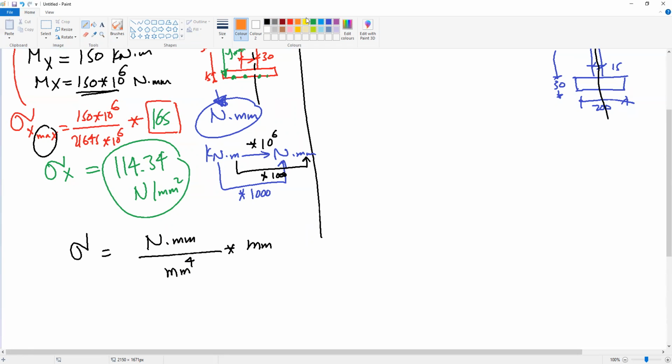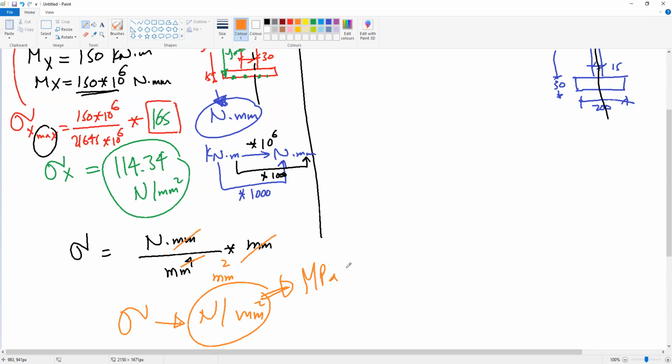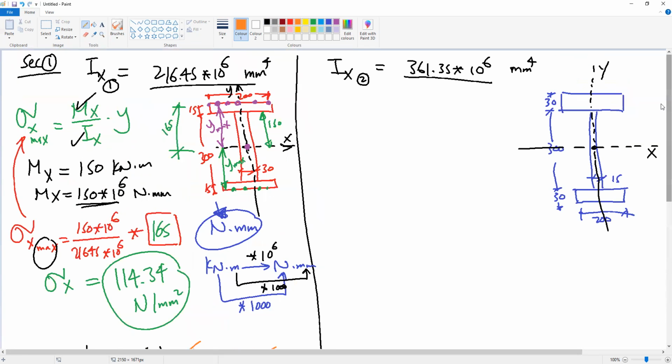So millimeter and millimeter go with the power 4 and make it millimeter to the power 2. So the unit of stresses is Newton per millimeter squared, which is equivalent to megapascal. So megapascal, MPa, is equivalent to Newton per millimeter squared. Okay, so this is for section 1.